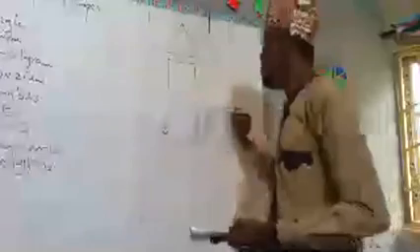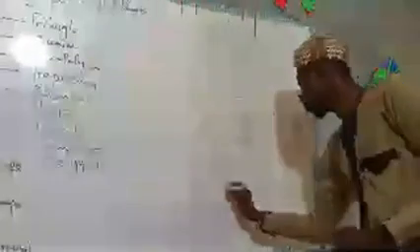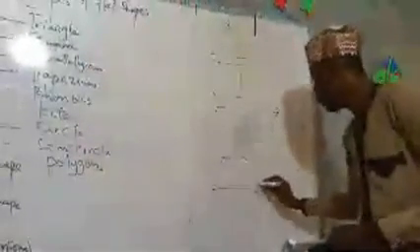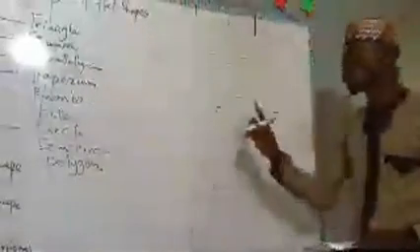Parallelogram. This is a parallelogram. Trapezium. This is a trapezium. I believe you've all seen this type of shape before. Rhombus. This rhombus is like square, but it is slant.